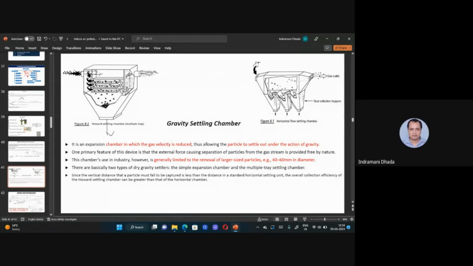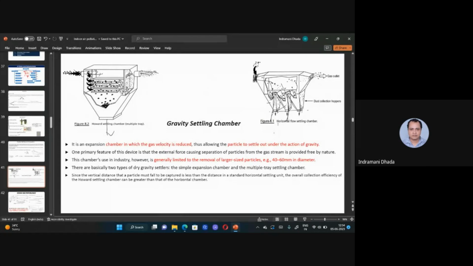In series, the particles will be collected in the hopper, and after a certain interval you can open these valves. You have to stop the flow here, because if you open this and continue the flow, then the gas can pass through this also. So when you are opening these lids, stop the flow, then open the lids and collect the particles collected at the hopper.